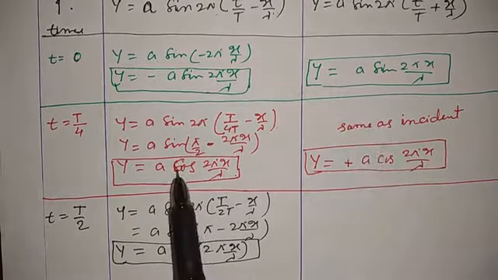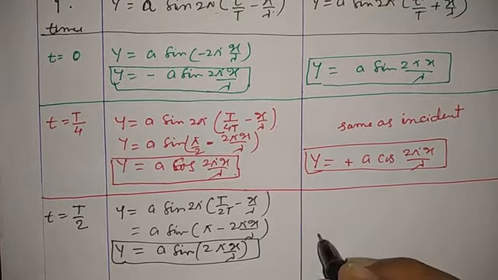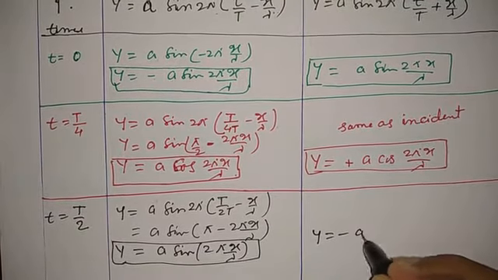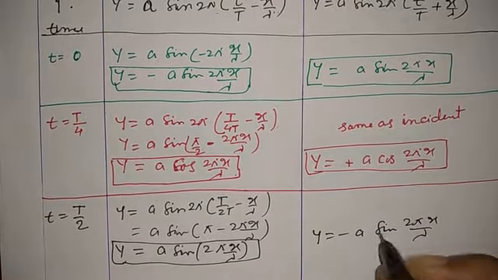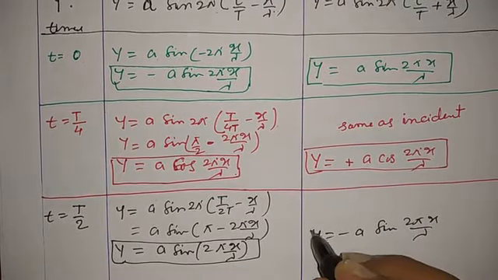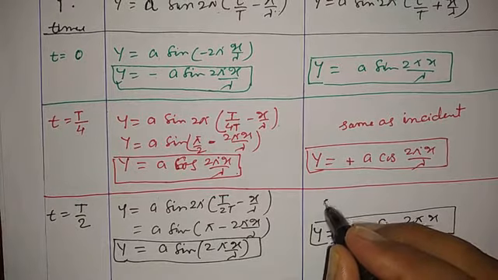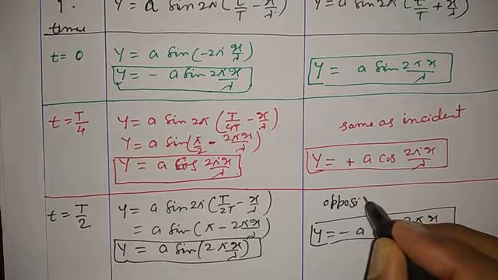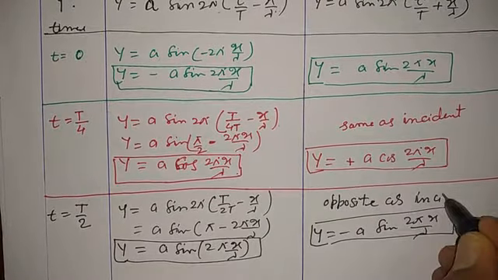Sine wave, cos wave is the same. So sine wave again will be opposite. It is y is equal to minus a sine 2 pi x by lambda. This is a sine wave. It is opposite as incident.